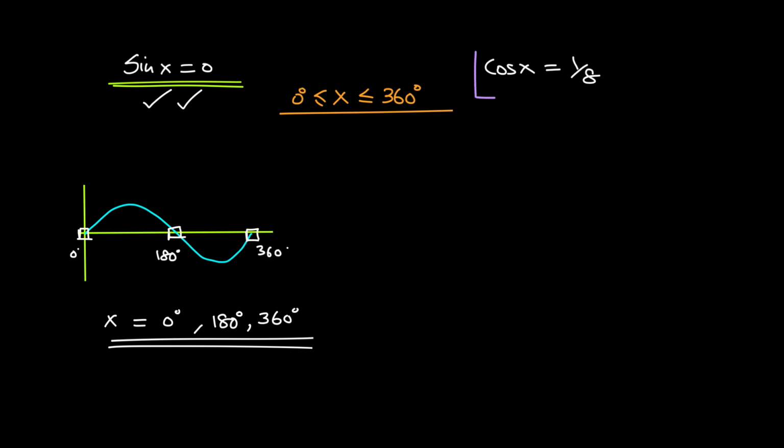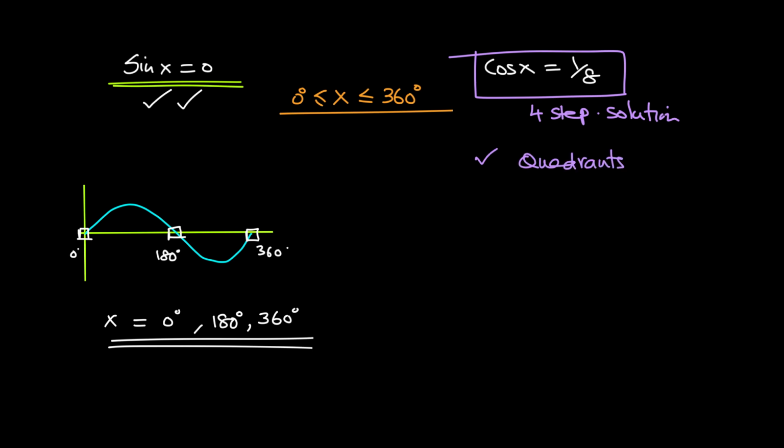What about this particular part? This is a 4-step solution. The first step is about quadrants. Cosine is positive in the first and fourth quadrant. Second step is about range, which is already written over here: x lies between 0 and 360 degrees inclusive.